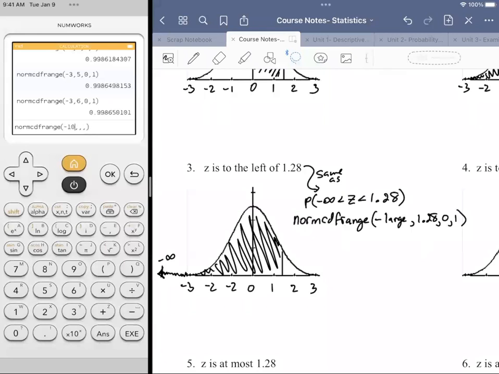All right, so I'm going to do my norm CDF range, pop in something like -100, 1.28, 0 and 1. I get this decimal value about 0.9 roughly, but we're going to round it a little bit more precisely. Based off of my diagram, that could be 90% of the area under the curve shaded.